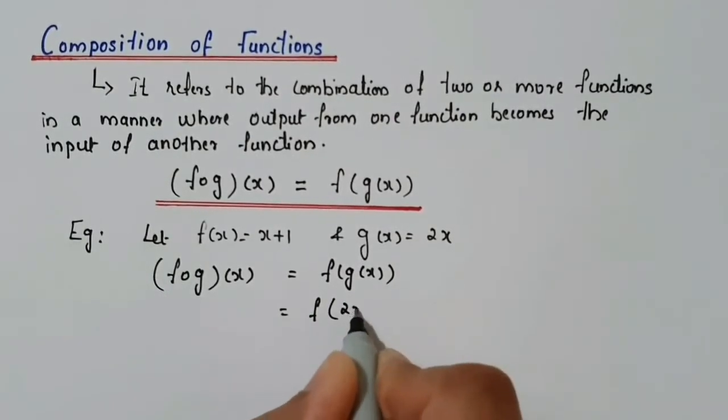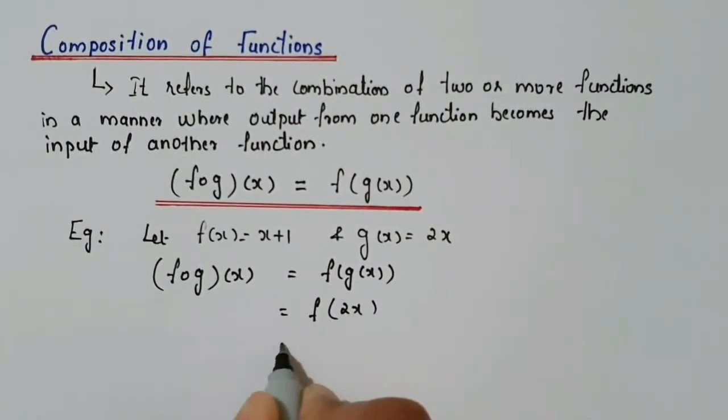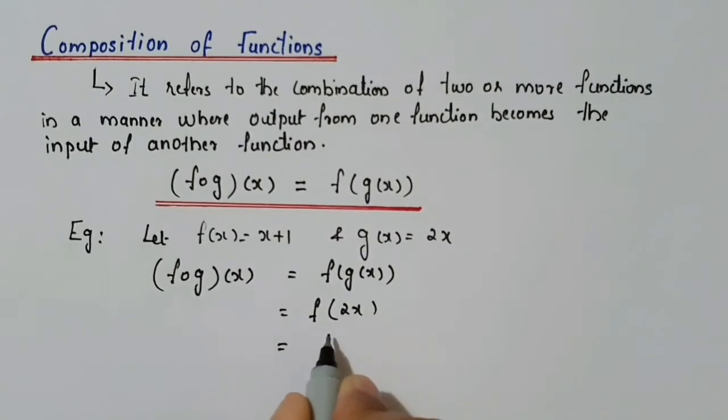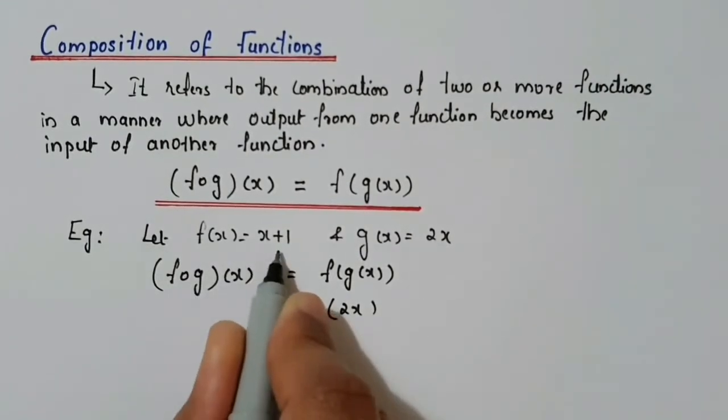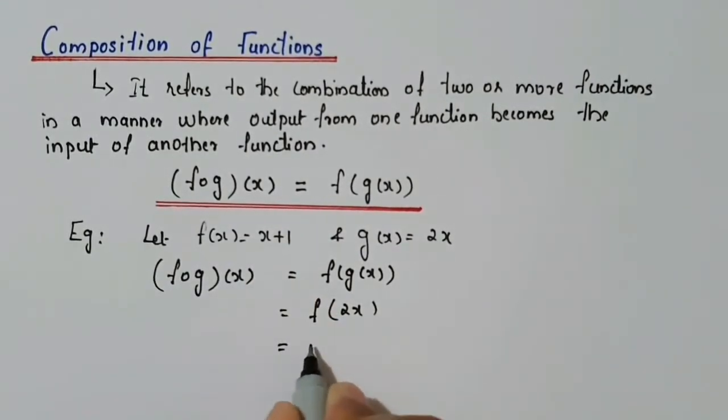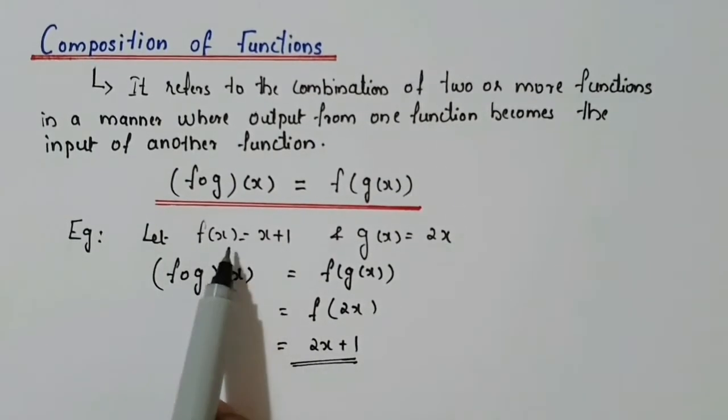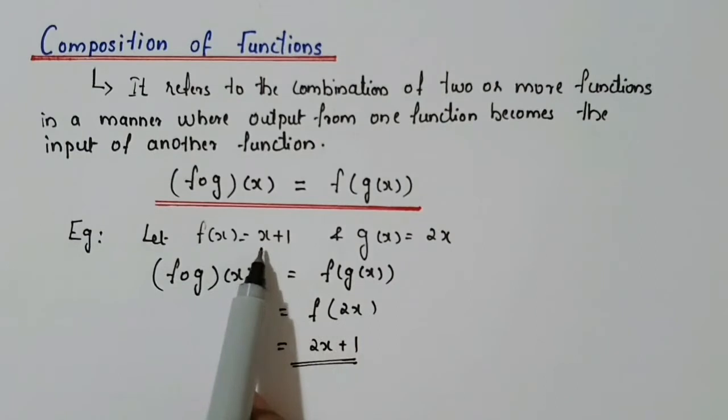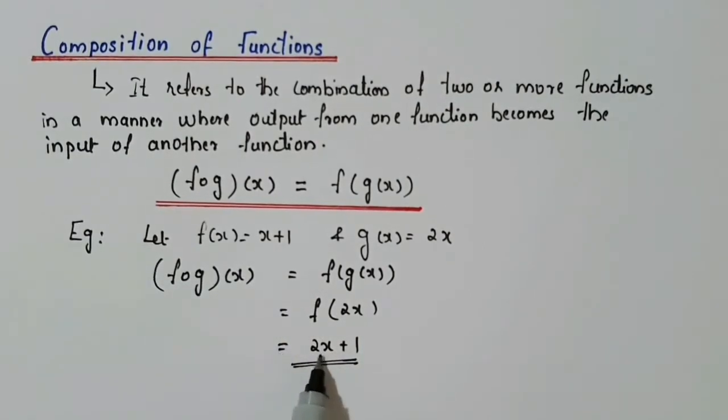This is 2x. So, f of 2x, where we have f of x is x plus 1. So, f of 2x is 2x plus 1. Instead of x, we place 2x here. So, it becomes 2x plus 1. So, f of g of x is 2x plus 1.